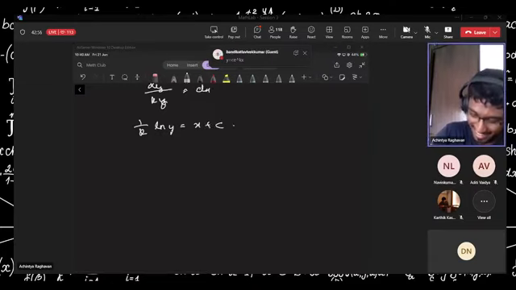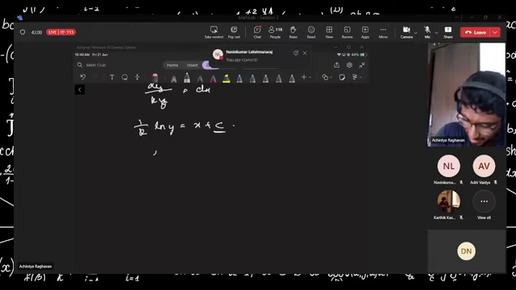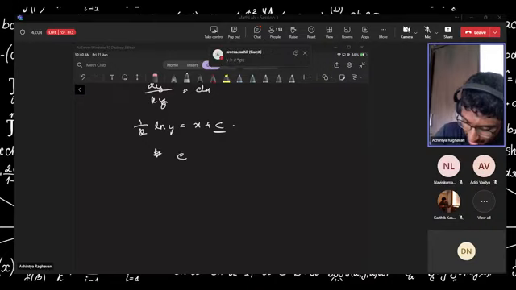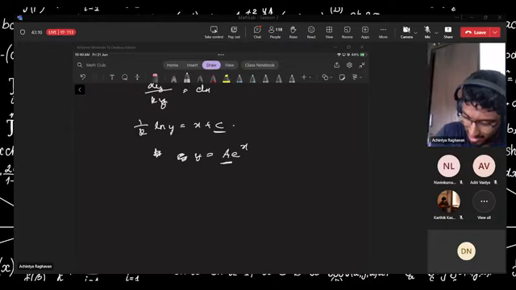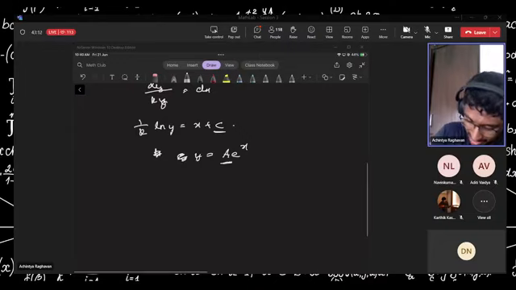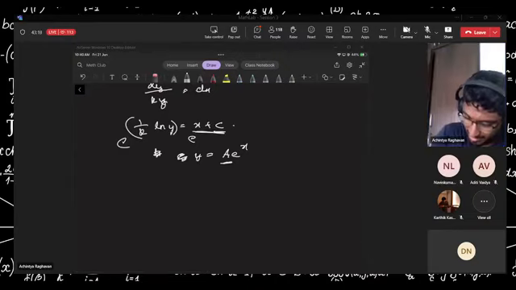People added the c at the end, but the c should come here. So if you exponentiate both sides, you get y equal to a e power x, where a is the constant, because when you exponentiate both sides, you can see it becomes a multiplicative constant. So yeah, move on with the chat.